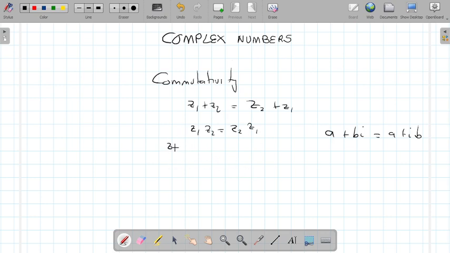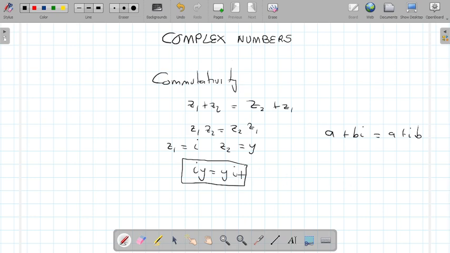Let's take Z1 as I, the complex unit, and let's say Z2 is equal to the complex number Y. If I substitute in this equation, I'm going to have IY is equal to YI. Boom. You have that IY is equal to YI.